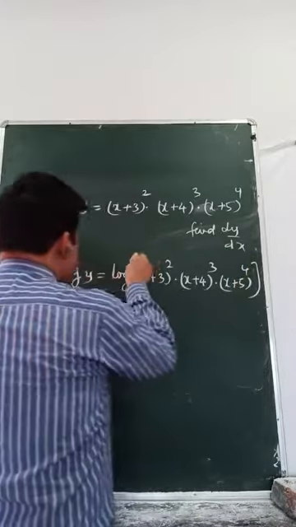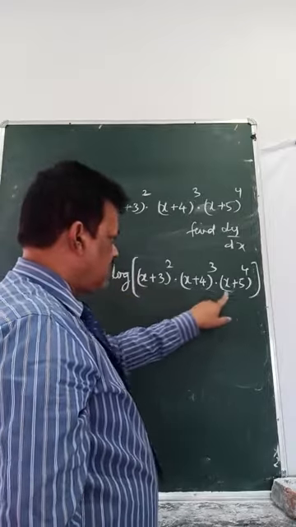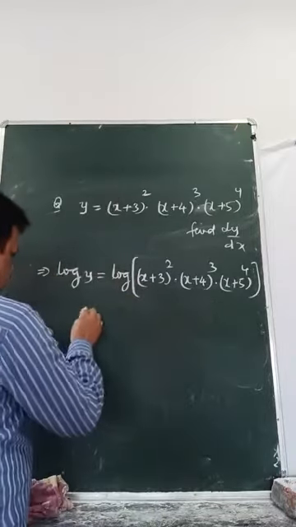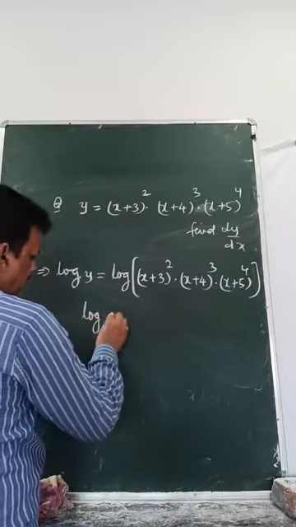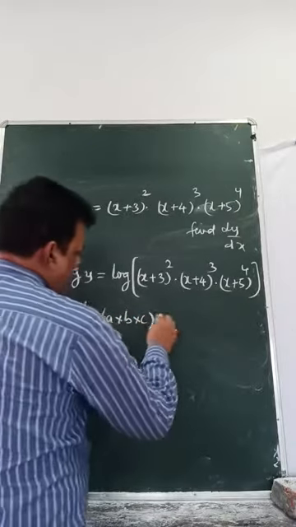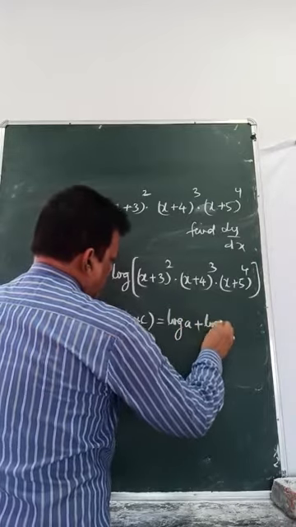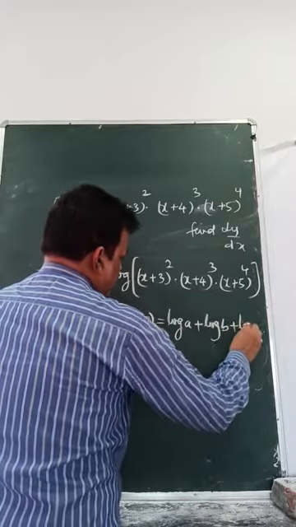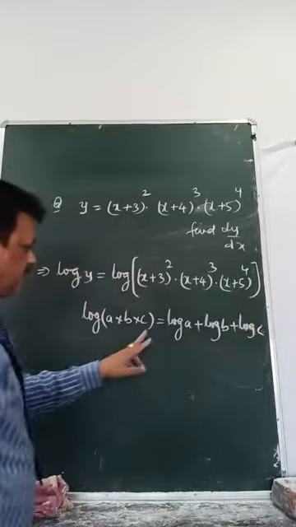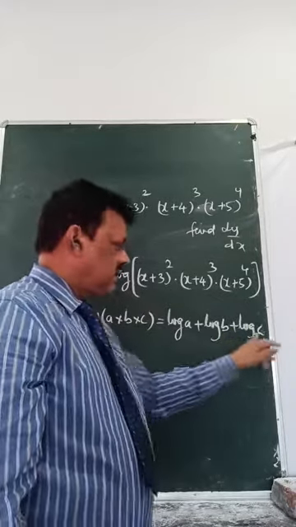So look at this part. If I consider this is A, this is B, this is C, so I can use the formula log of A into B into C is log A plus log B plus log C. If you have 3 parts multiplied, then you can split in this way.